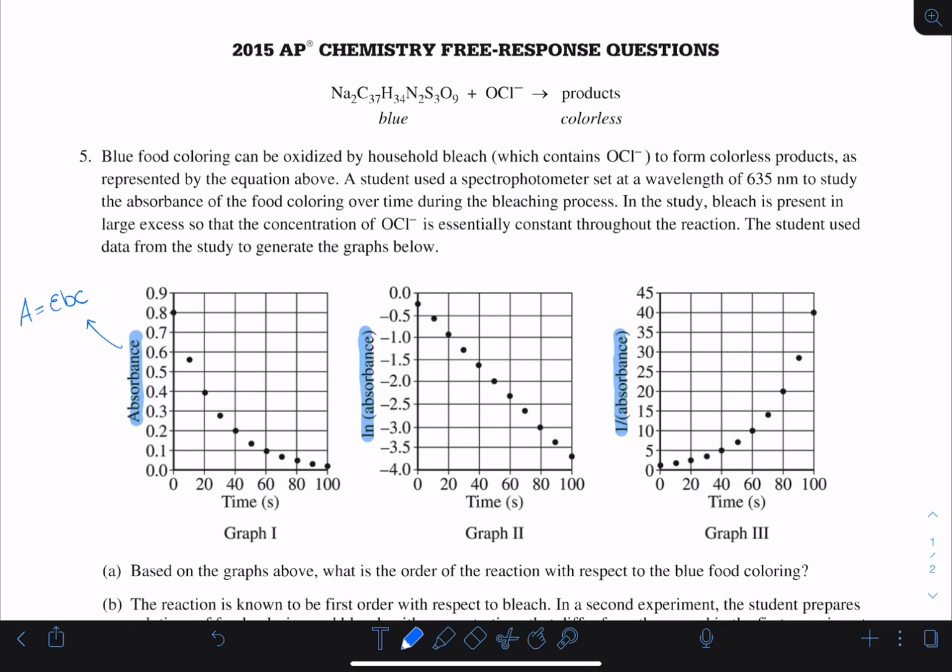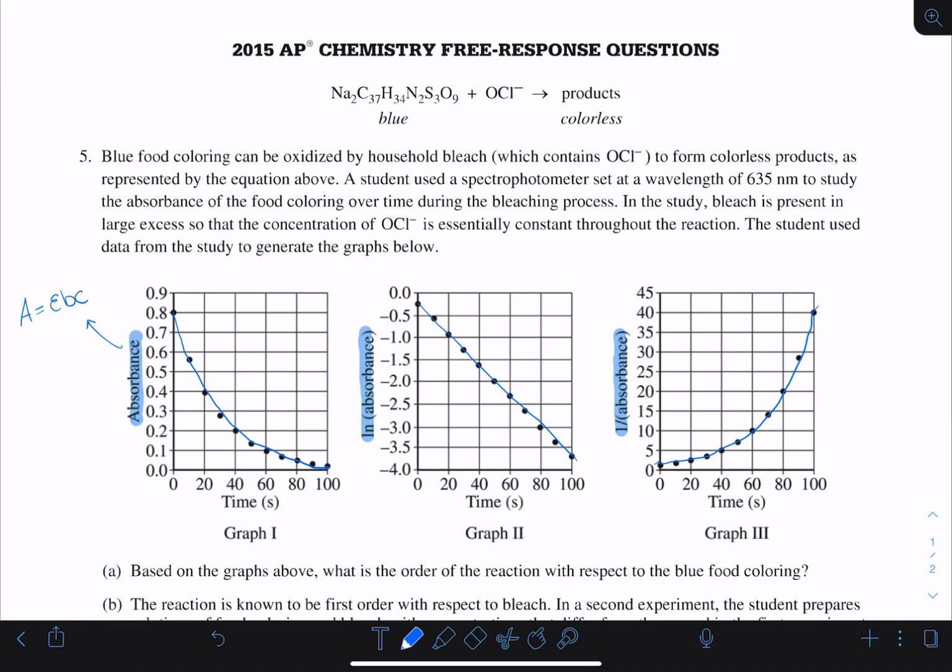So the first thing we're asked is, based on the graphs above, what is the order of reaction with respect to blue food coloring? So looking at our 3 graphs, we have absorbance versus time here, we have natural log here, we have inverse here.